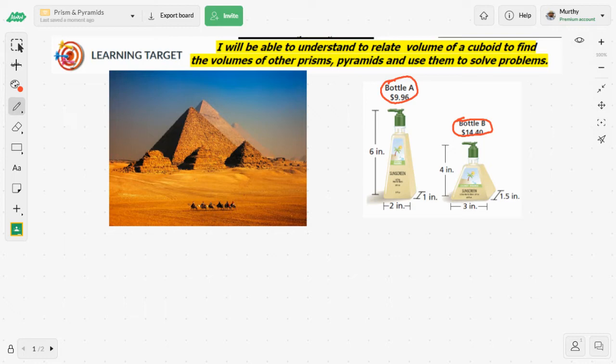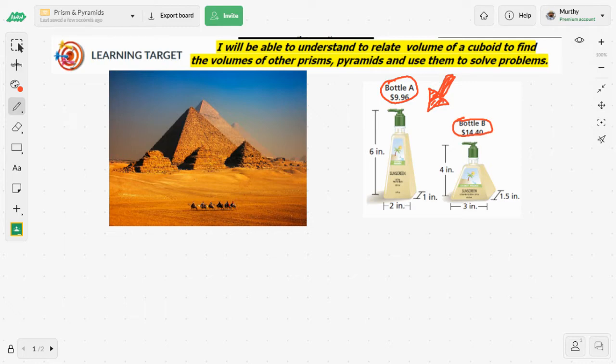But I may get tempted to buy the tall bottle because, this is my assumption, the tall one may have more quantity and the short one may have less quantity.